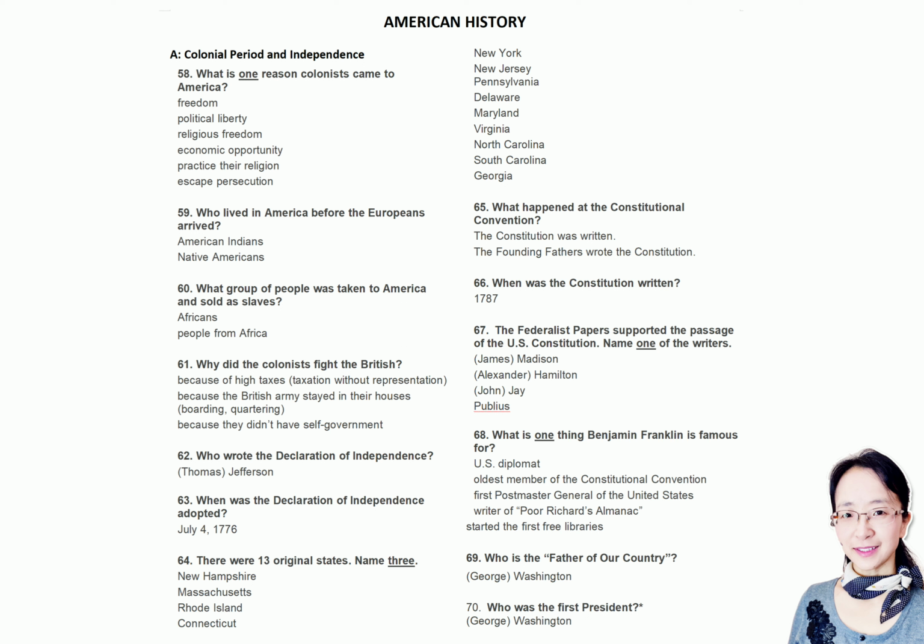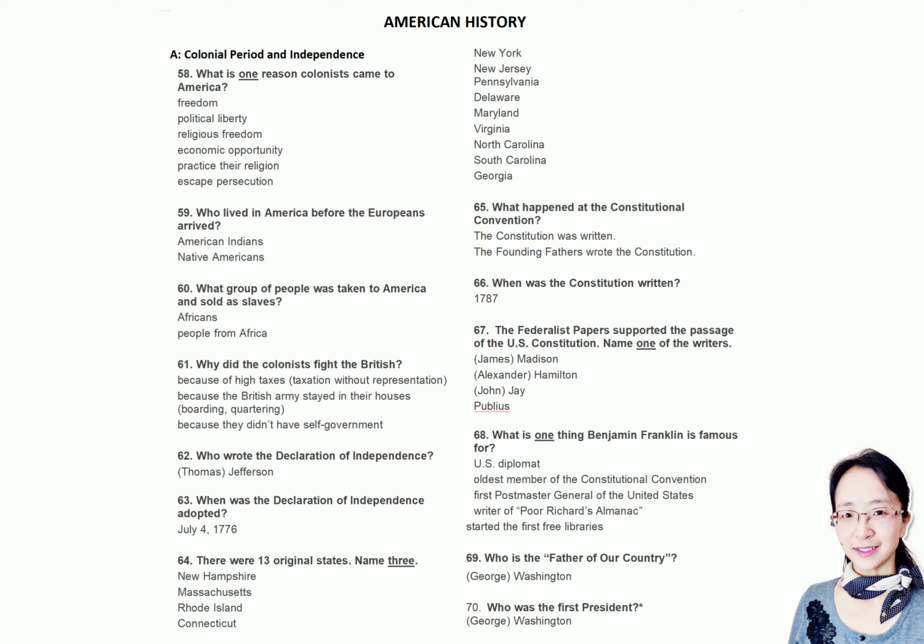July 4th, 1776. There were 13 original states. Name 3.